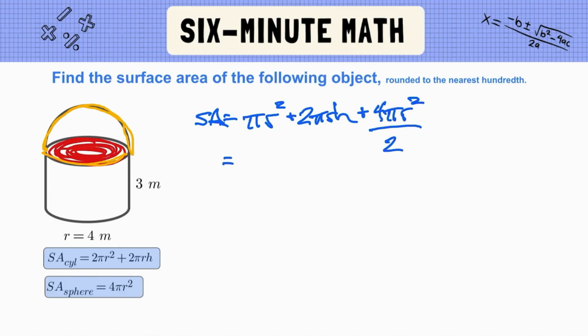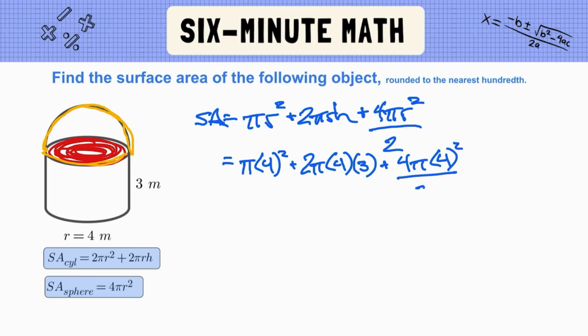So let's plug numbers in. We have pi times my radius of 4 squared, plus 2 pi for my height of 3, plus 4 pi 4 squared divided by 2. I find each of those separately.